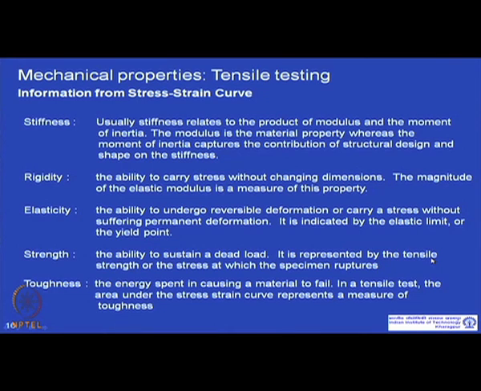Some terms related to tensile testing: stiffness. Usually stiffness is related to the product of modulus and the moment of inertia.